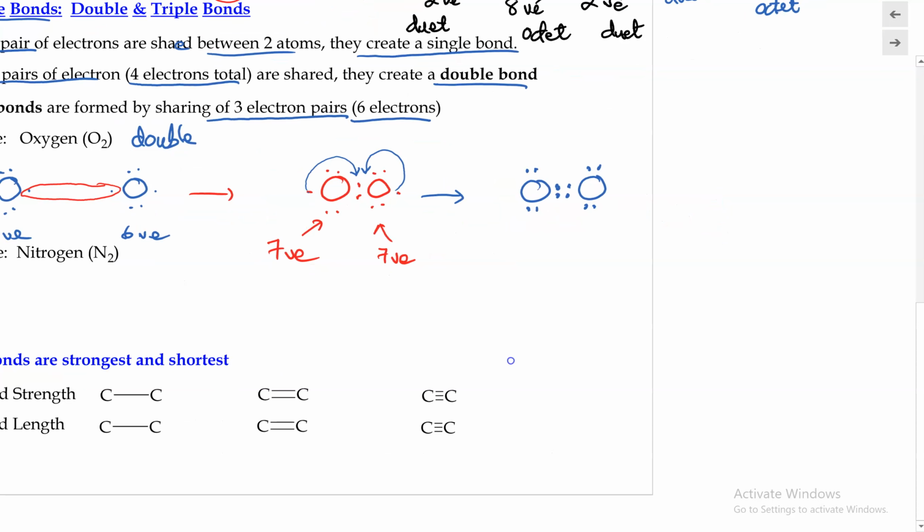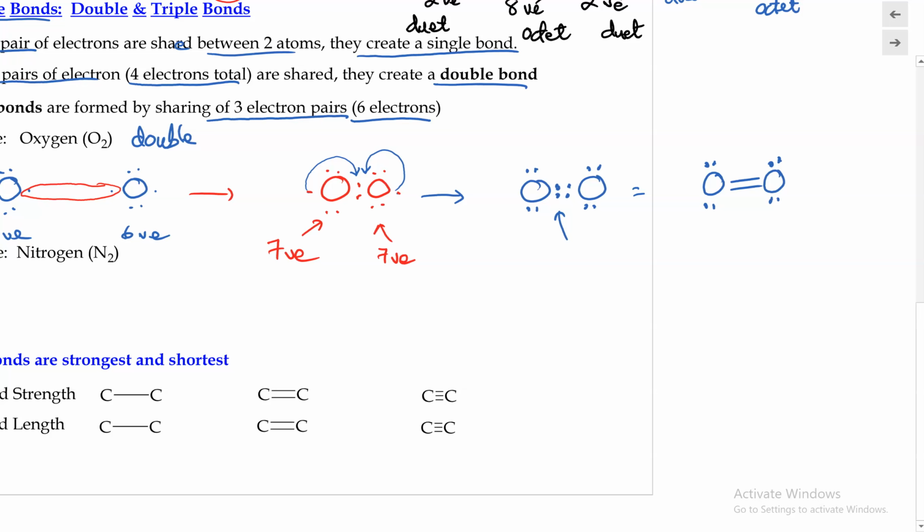So in this case right here, this bond is called a double bond. And when we draw this, we can draw it as follows. For every pair of electrons, we can redraw this as a bond line. So now there are 2 pairs being shared, so we can draw 2 of those bond lines. And each of these oxygen will then still have 2 lone pairs of electrons on them.